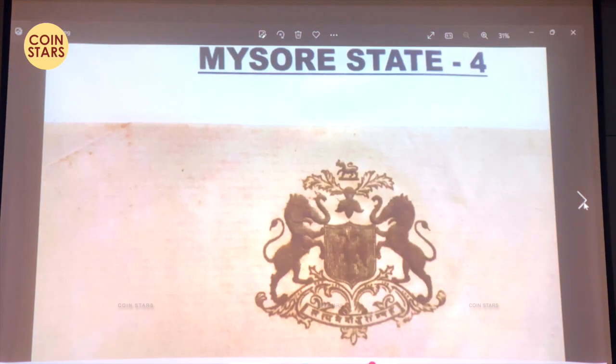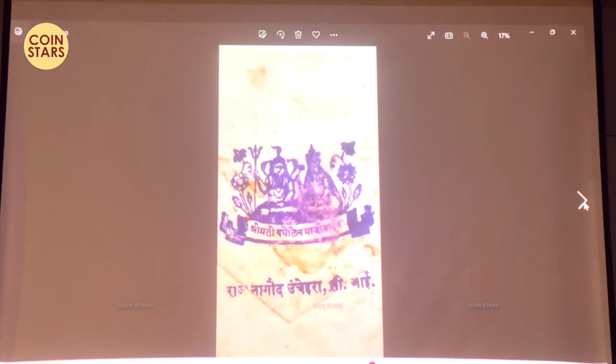Next is Mysore. Next, this is Raj Nagod Unchehara, central India. Rajanandgaon. That is in Maharashtra or Chhattisgarh?